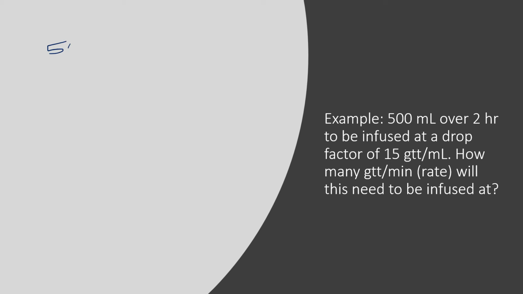So our volume is 500 milliliters, and our have is going to be our time, but our time here needs to be in minutes. So 2 hours in minutes is 120 minutes. Okay, times our drop factor, which is 15 drops. Instead of putting it beside it, I'm going to put it like this so that I don't get confused and my milliliters cross out.